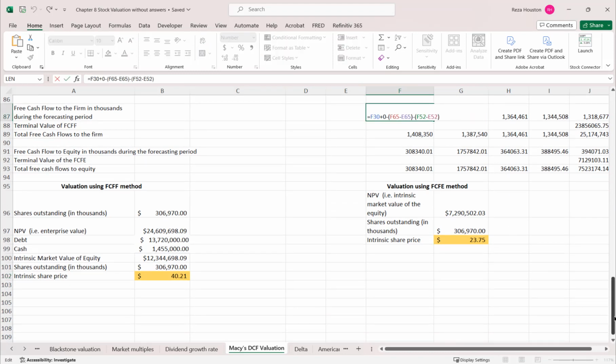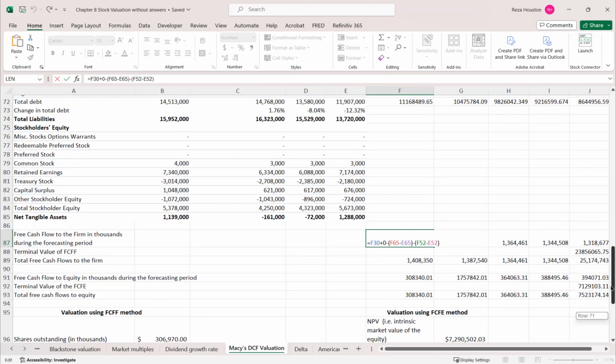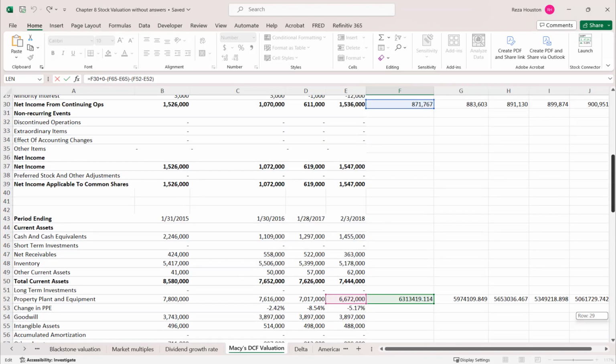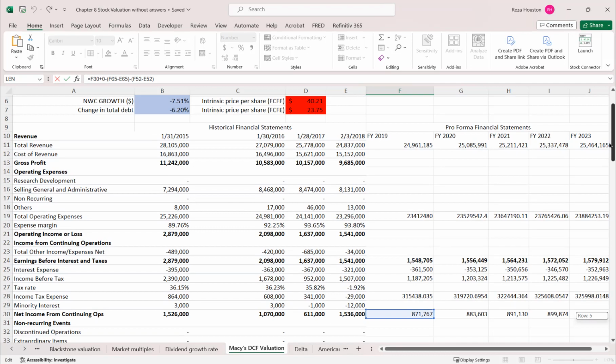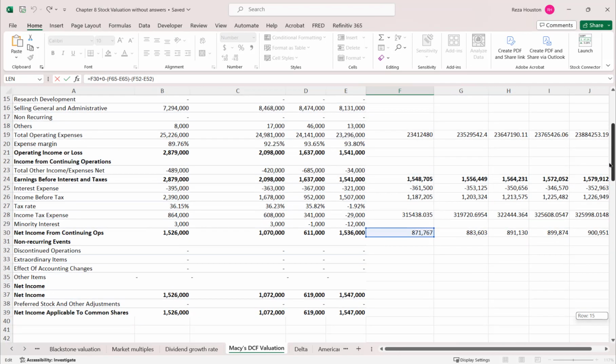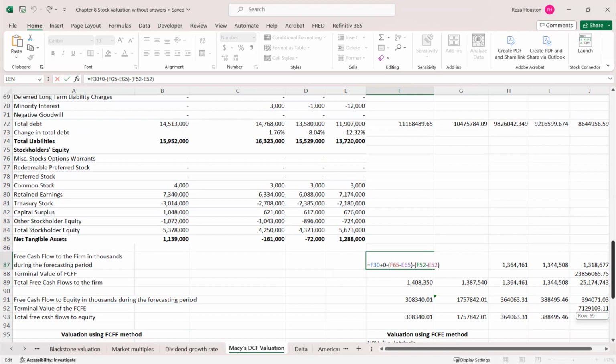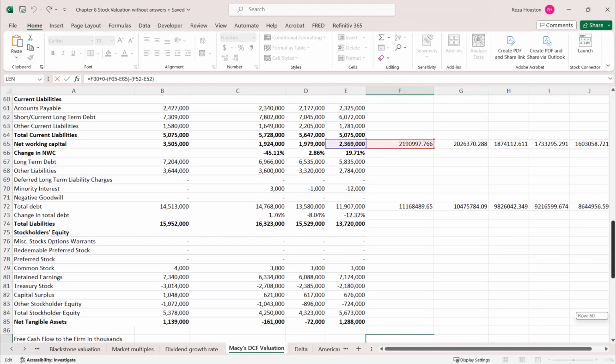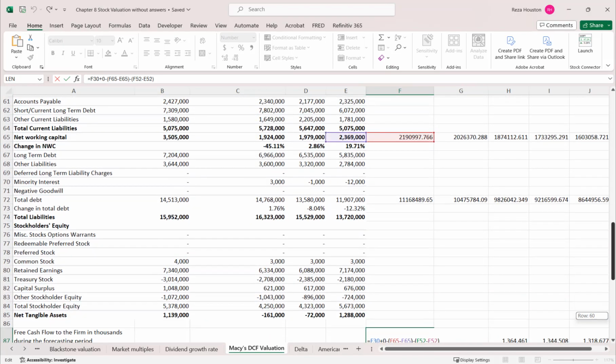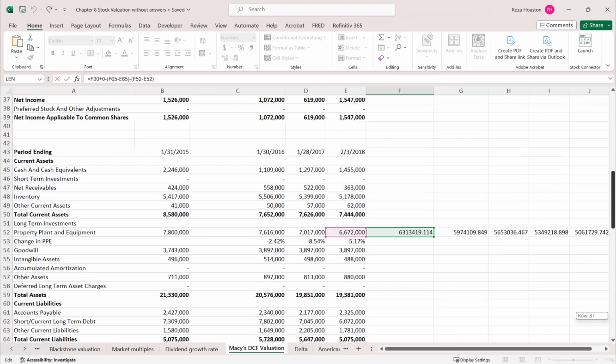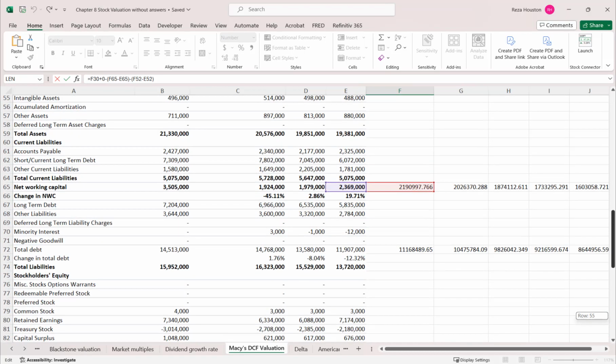And here's my calculation or forecast of Macy's free cash flows. We have the firm's net income minus taxes. So that's the blue. Zero is depreciation. Oh, that's right.